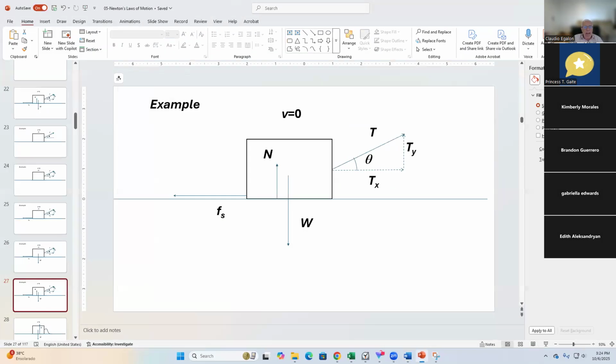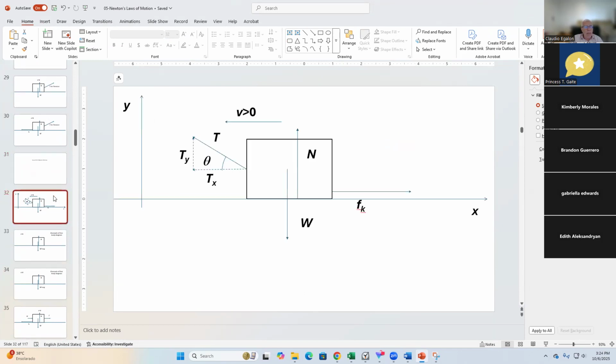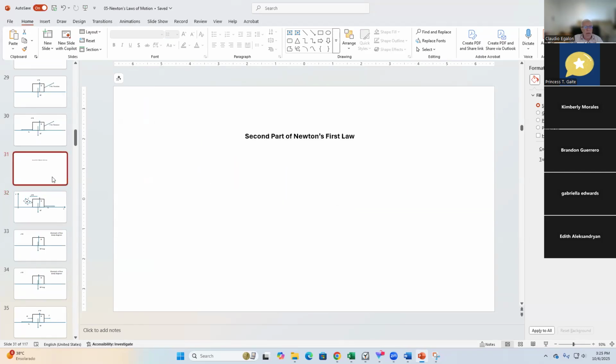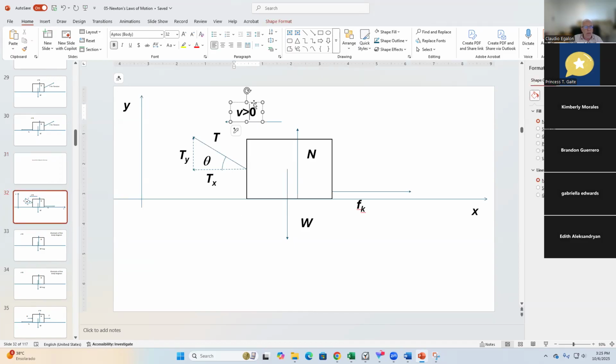Now we can illustrate the same thing that we did for an object at rest, for an object moving with constant velocity. Here is a case in which the object is moving from the right to the left.